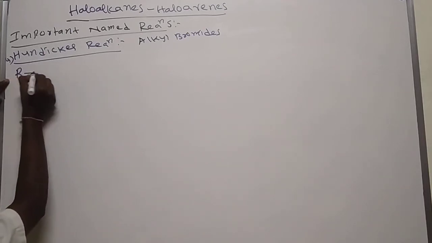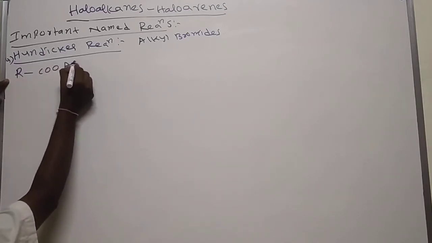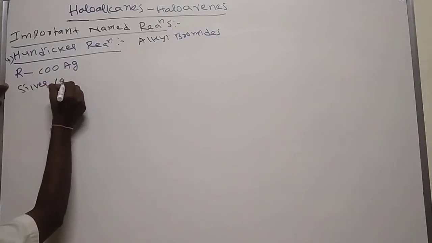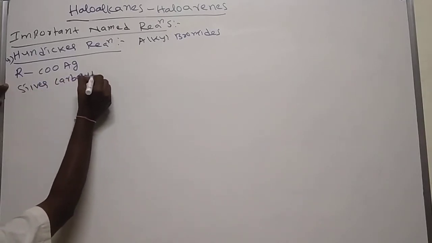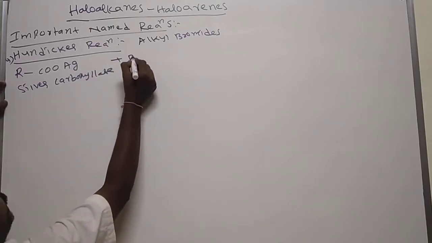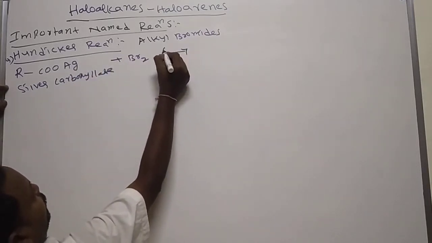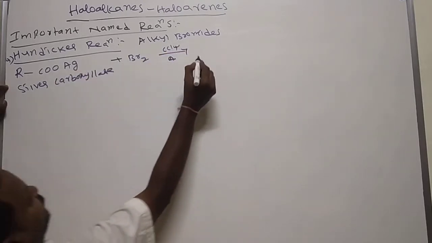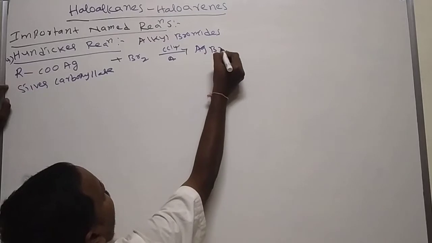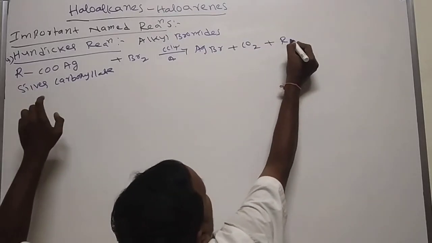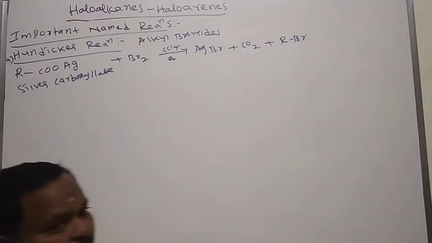Here take silver carboxylate. When silver carboxylate reacts with bromine in the presence of carbon tetrachloride, just heat. Bromine and silver are lost in the form of AgBr. Carbon dioxide also liberates, along with the alkyl bromides.